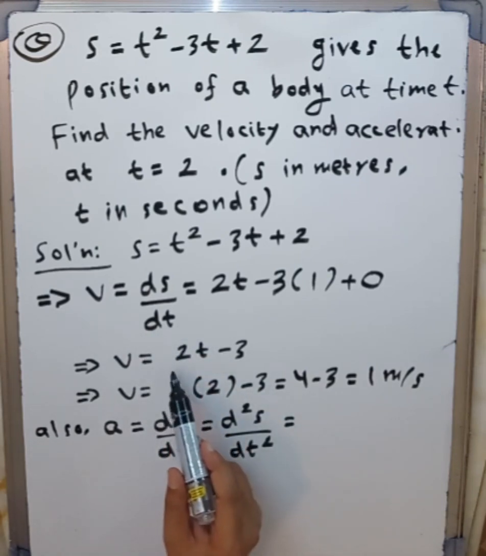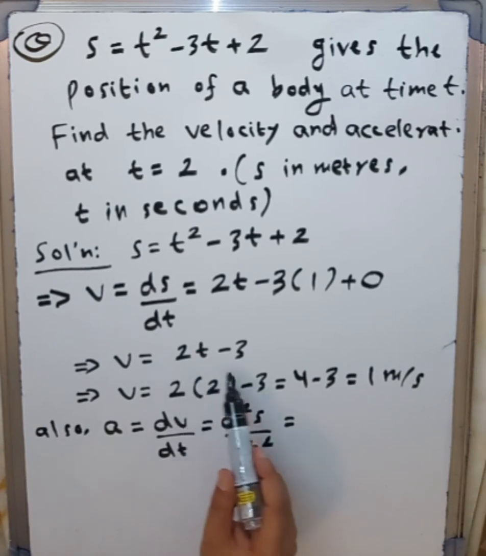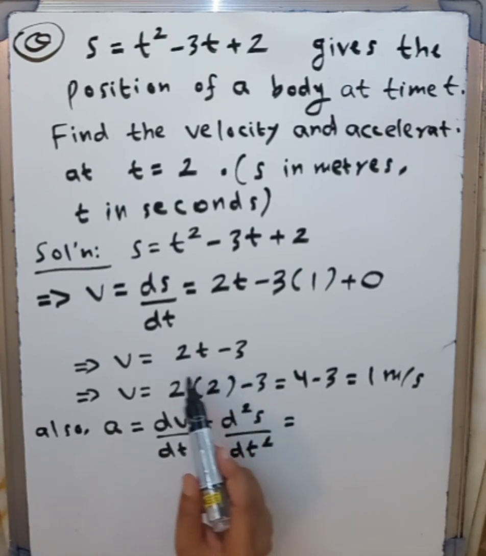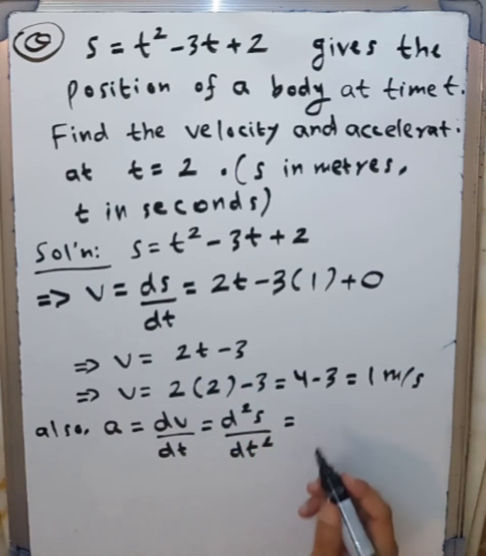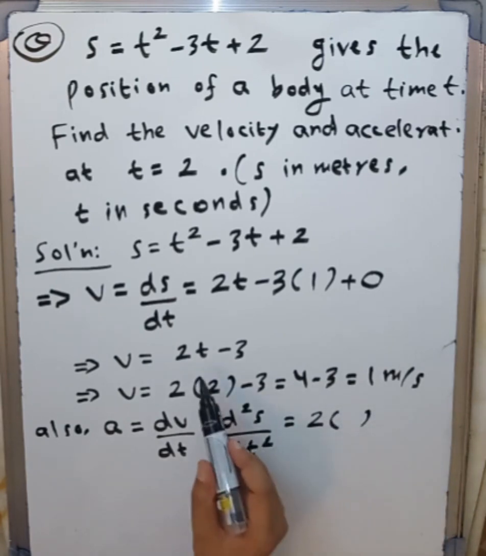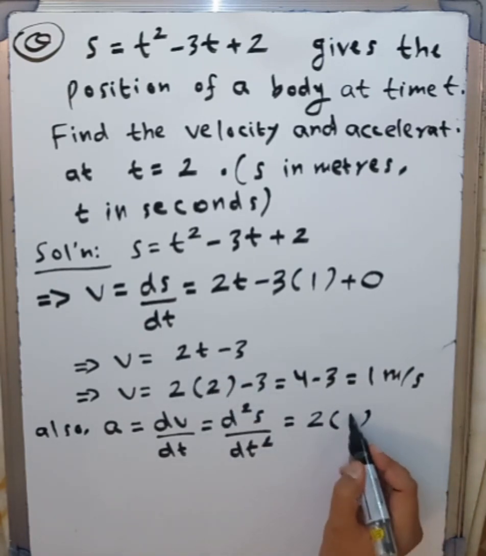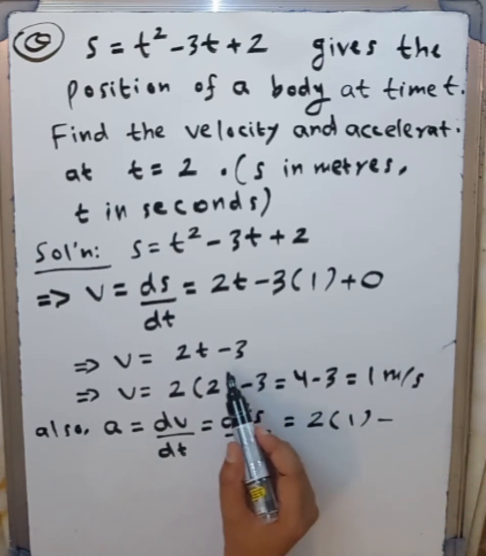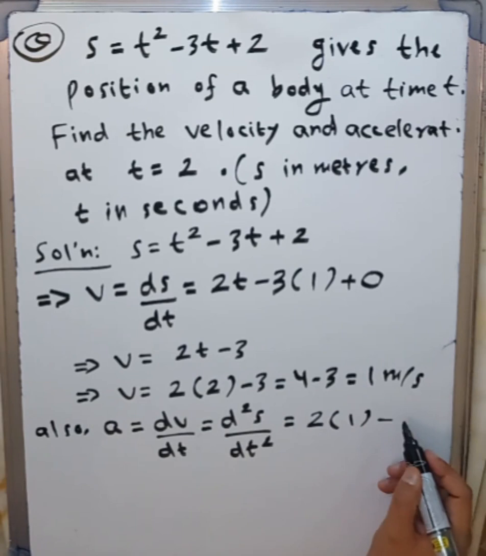So this v, that is 2t minus 3, we will differentiate again with respect to t. So when I differentiate this 2t minus 3, I will get 2 as it is, and derivative of t will be 1, minus derivative of 3, that is a constant, will be 0.